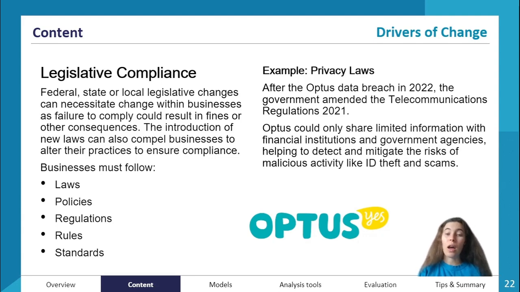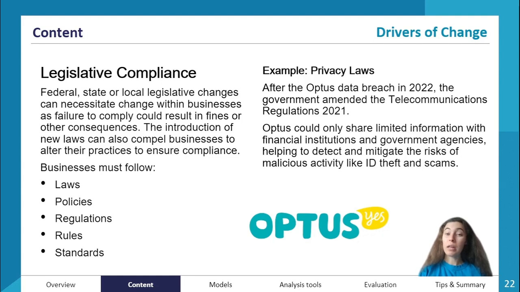And this was designed to help to detect and mitigate the risks of malicious activity, so ID thefts and scams and things like that. They were aiming to try and reduce the chance of Optus customers being affected any further by data breaches.